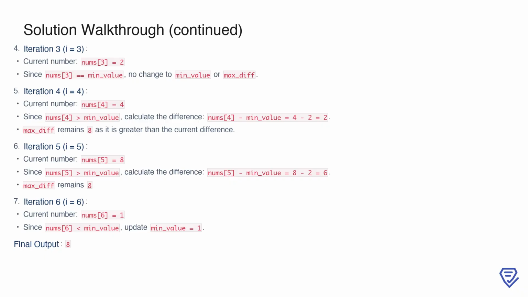Since 8 is greater than min_value, we calculate the difference, 8 - 2, which equals 6. Again, max_diff remains 8. Finally, we evaluate nums[6], which is 1. Since 1 is less than min_value, we update min_value to 1. After completing all iterations, the maximum difference between any increasing pair in this array is 8, which is the final output.